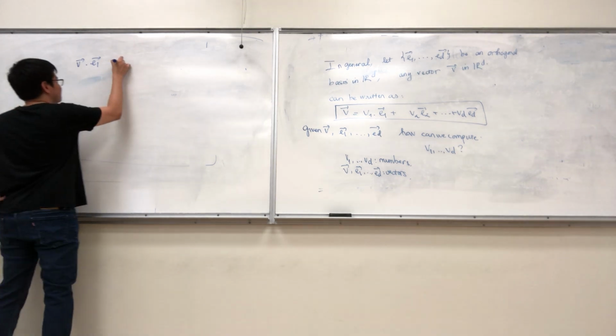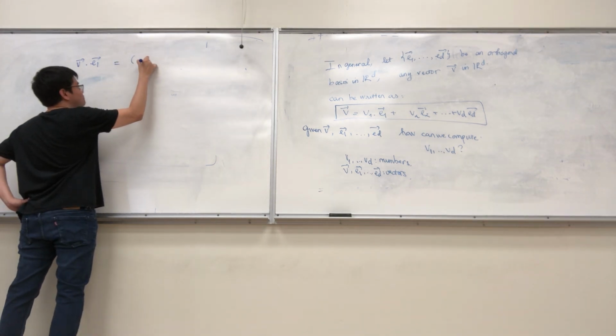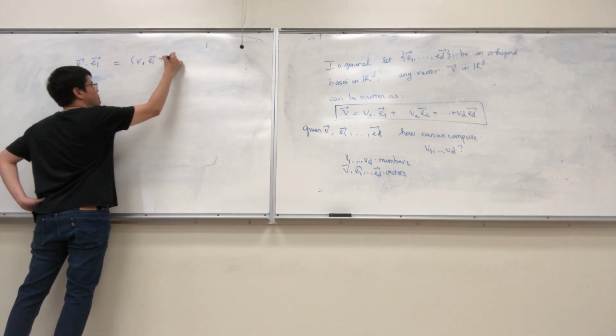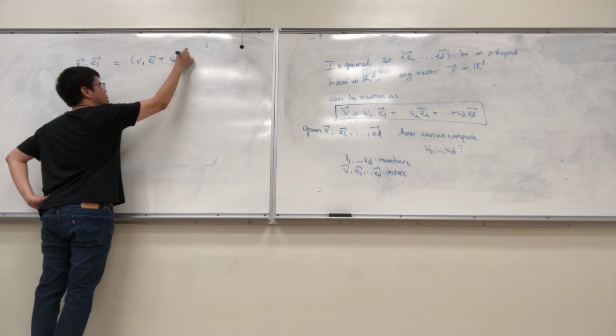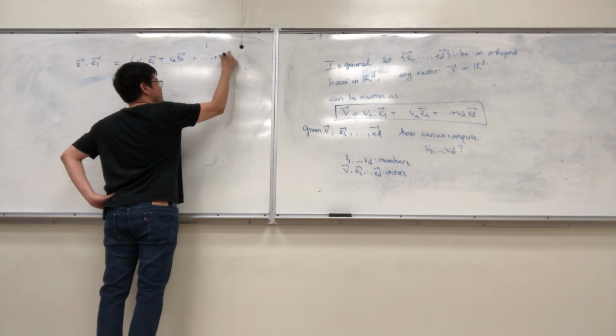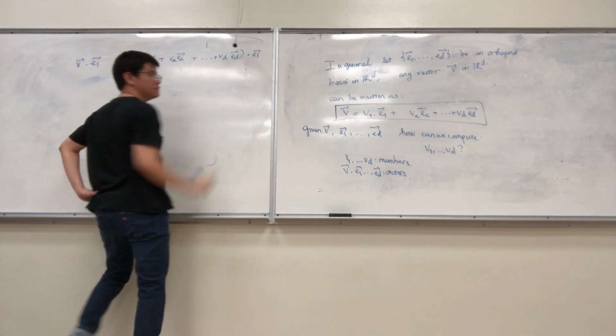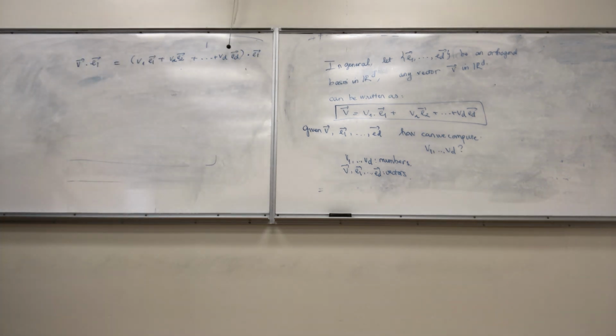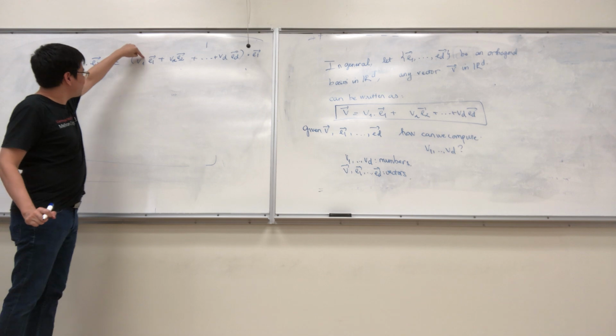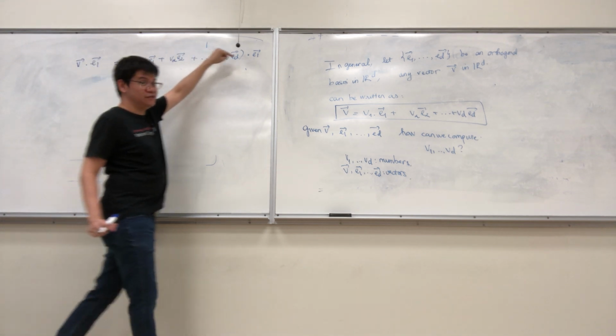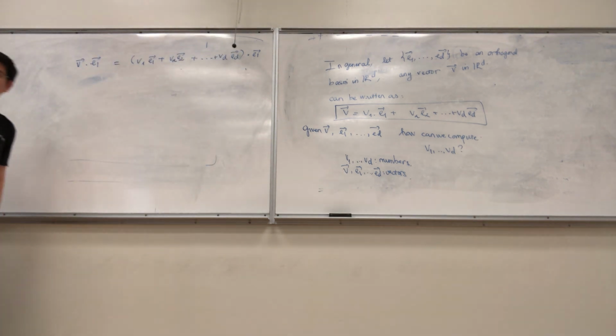Now I'm going to multiply V with E1: V1 E1 plus V2 E2 plus VD ED times E1, right? Now I multiply the vector V with E1. So, which means that I have V1 E1 plus V2 E2 plus VD ED, right?